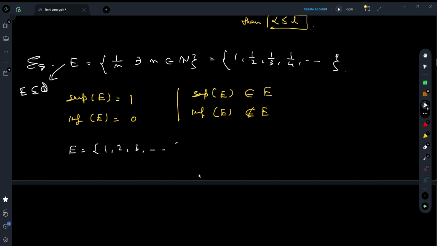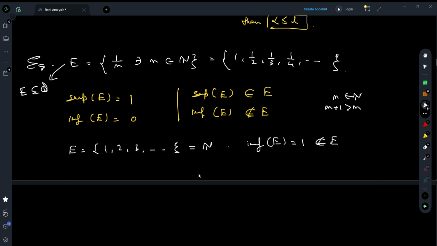Suppose we consider the set 1, 2, 3, and so on. That is basically the natural numbers. Then it obviously has an infimum, which is 1, which is inside E. But is it bounded above? It is not bounded above, right?